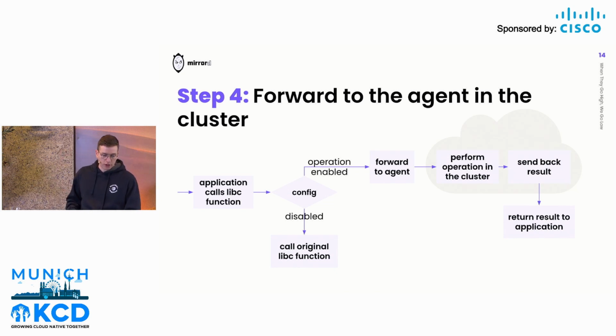So, for example, for reading some bytes from a file, the application makes a call to Libc. We then hijack that call. We send it to the agent. The agent reads those bytes inside the cluster, sends the read bytes back to mirrord.